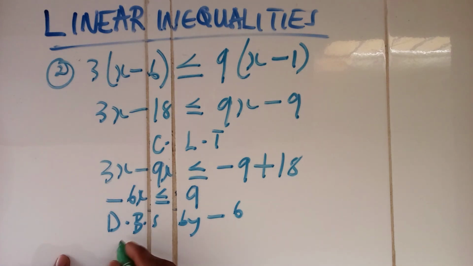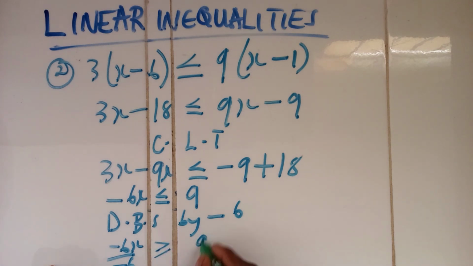So I will have negative 6x divided by negative 6, and the sign will change to greater than or equal to 9 divided by negative 6. So negative 6 can cancel negative 6. 3 can go in 6 two times and 3 can go in 9 three times.